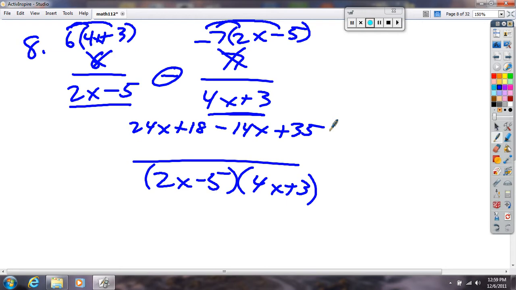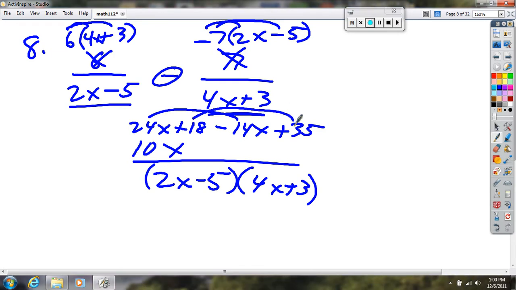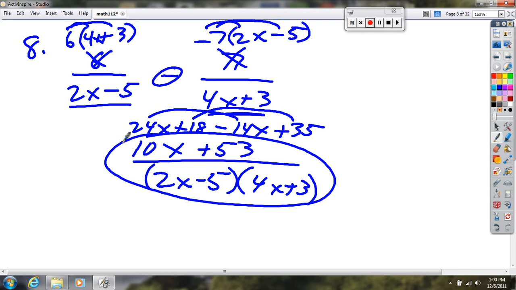Combine like terms. 24x minus 14x is 10x, and 18 and 35, they're both positive, so we're going to add them. So that is going to be 30, 40, 53. Positive 53. And we are done with that one. And that's your answer for number 8.